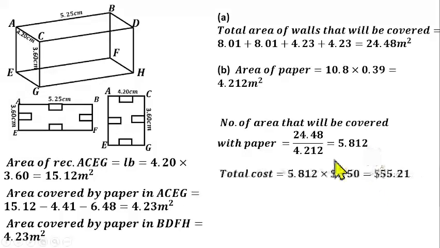Since we know the cost of one paper is this, you can multiply it by the value of each paper, and that should give us $55.21 as the total cost needed to cover the walls.